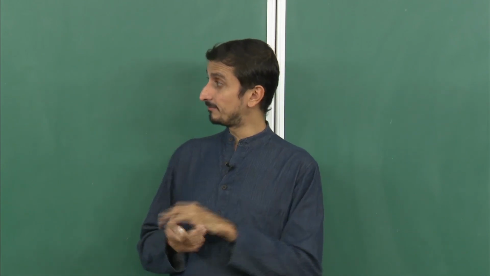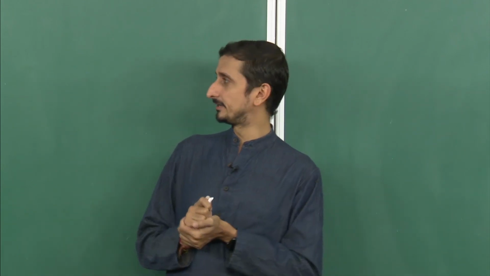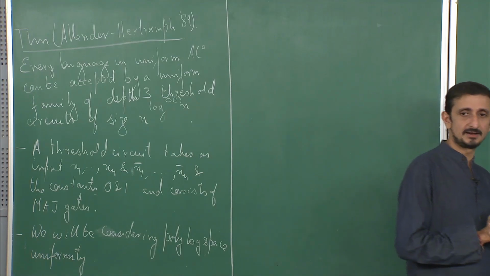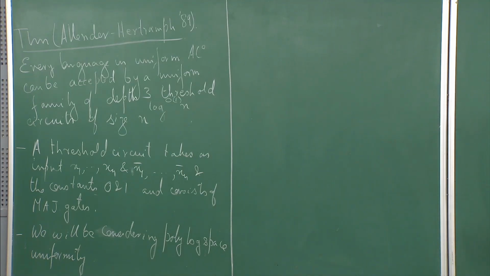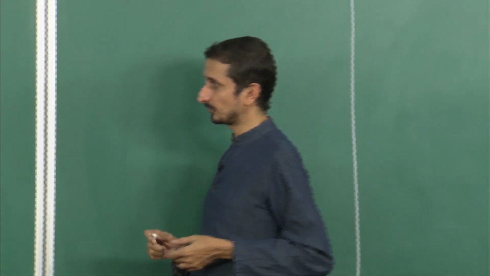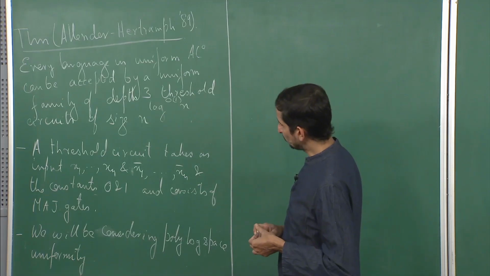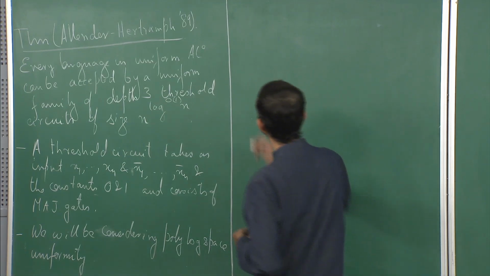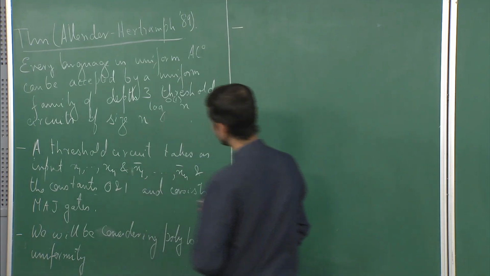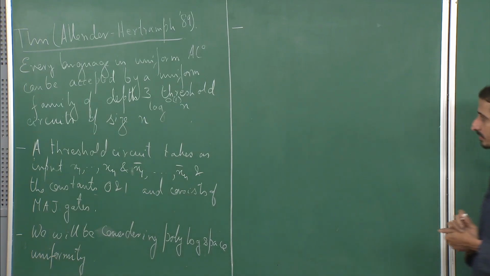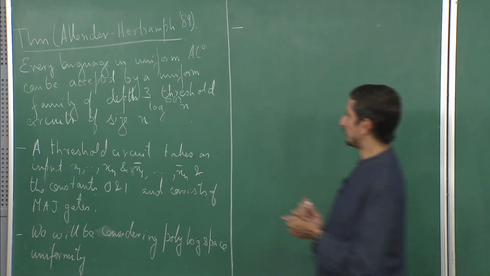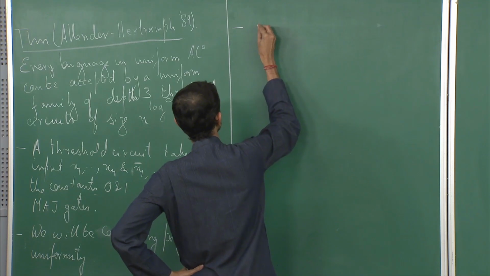It uses a very famous result in complexity due to Valiant and Vazirani, which we are going to see today. Okay.